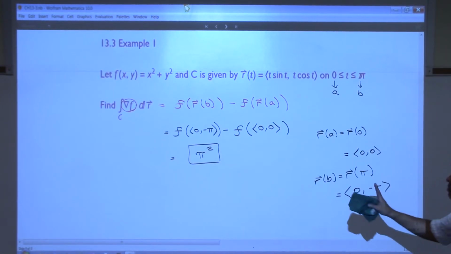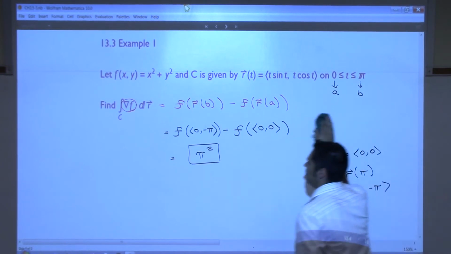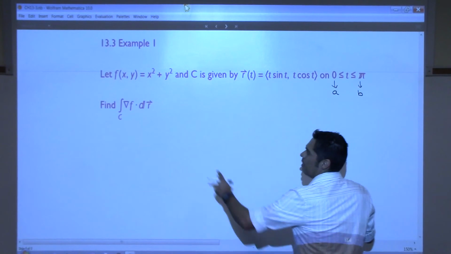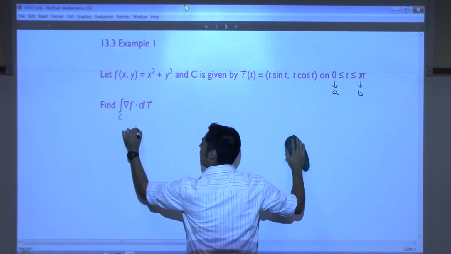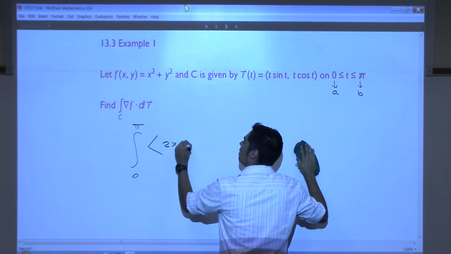Now let me show you briefly how you could have made this problem a lot harder, and that's by not understanding that you can use the fundamental theorem of line integrals. So you say, okay, I'm going to have to figure out what the gradient of f is. So I'm going to go from 0 to pi. Gradient of f is 2x, 2y.